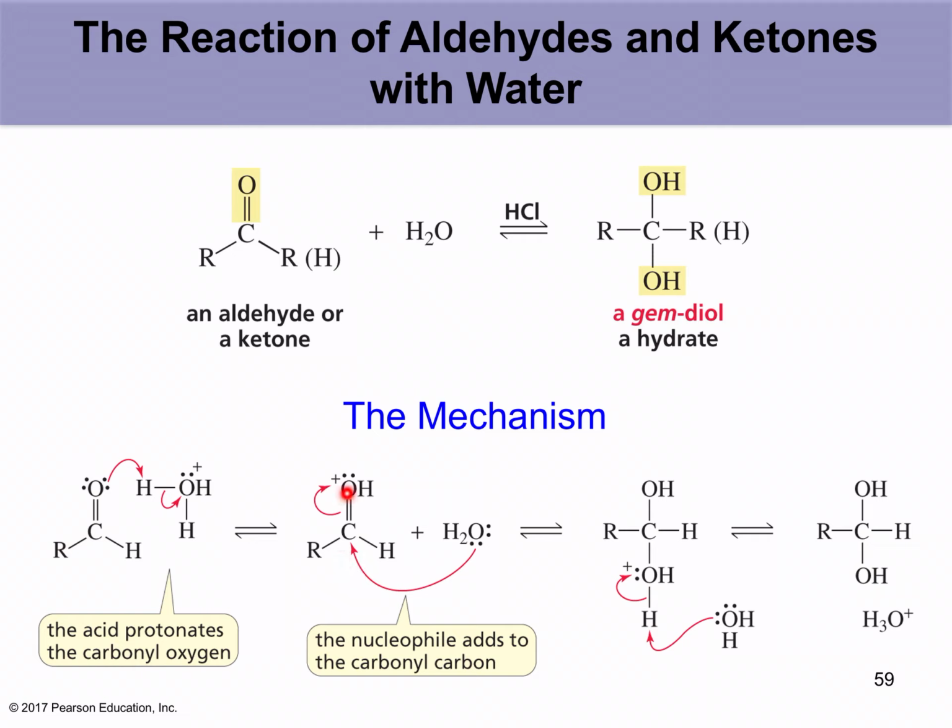And then the carbon-oxygen pi bond opens up and releases the positive charge on the oxygen. And the newly attached water molecule will now carry two hydrogens that came with the oxygen. So another water molecule comes and grabs the excess hydrogen, giving the neutral molecule with two hydroxy groups, a gem diol or a hydrate. That's how it happens.